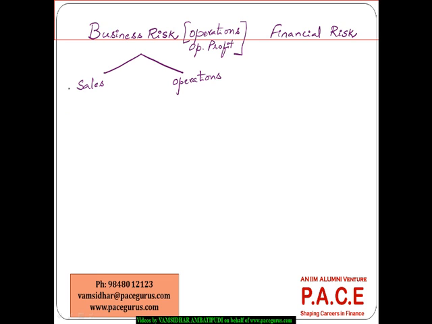When I am saying sales, the company is not able to sell as expected. So revenues are getting affected because the company is not able to sell the goods and services as projected. There are so many things that could determine that. The economy could be bad, so they may not be able to sell to the expectations. The competition in the industry is so dynamic, they were not able to meet their targets.